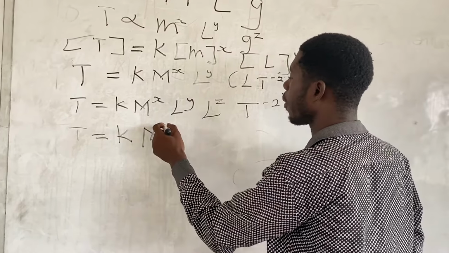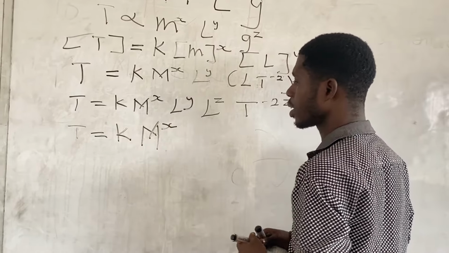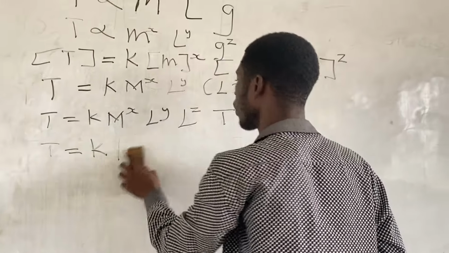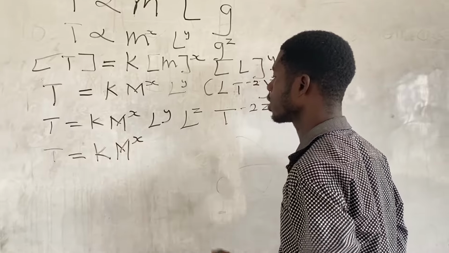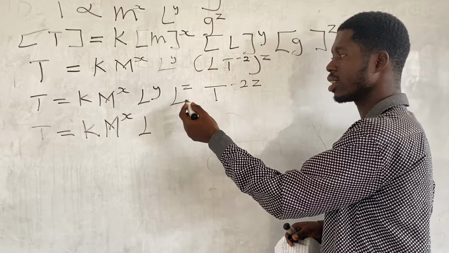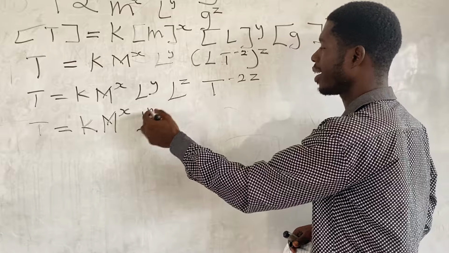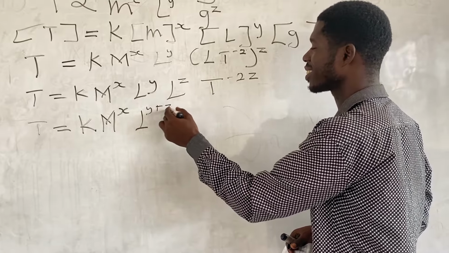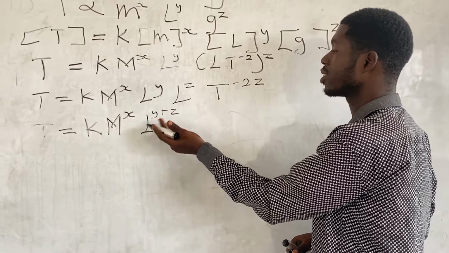So M to the power X. Then L. For the L, we have 2L in the equation. So we just write one of them, and then we have Y plus Z. So L to the power Y plus Z.